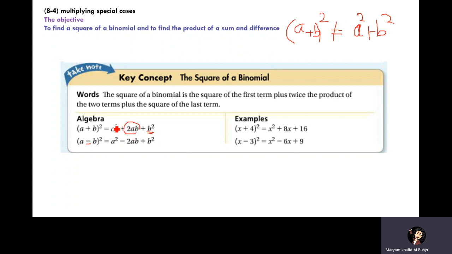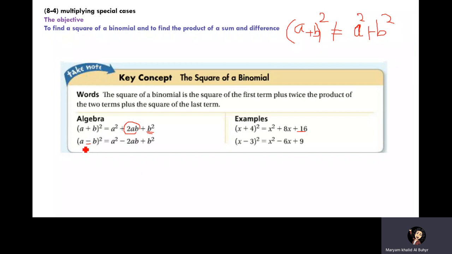So this rule will help me if I have, for example, (x plus 4) to the power 2. Take the first term squared, the last term squared, plus 2 times the first times the second term. This is the idea. Exactly the same thing if you have subtraction. This rule works if you have addition and subtraction.